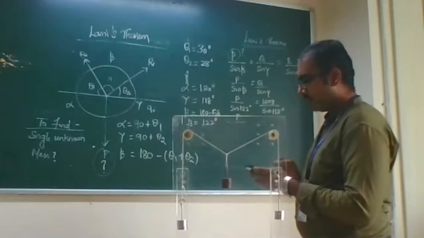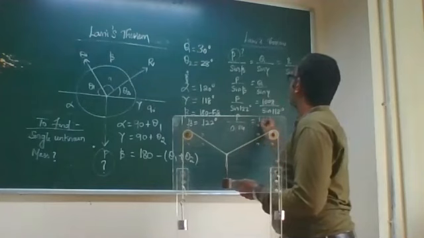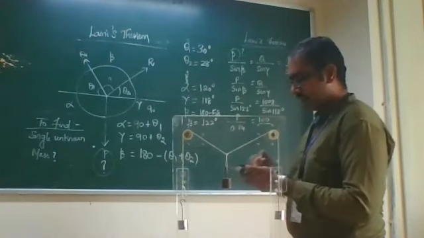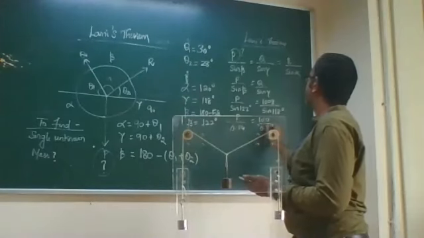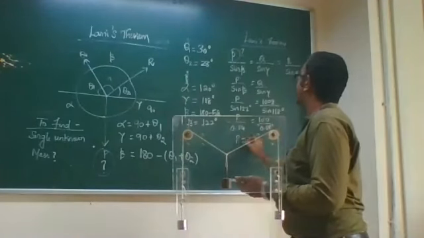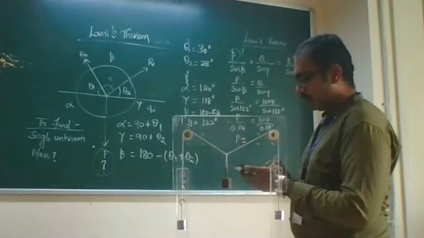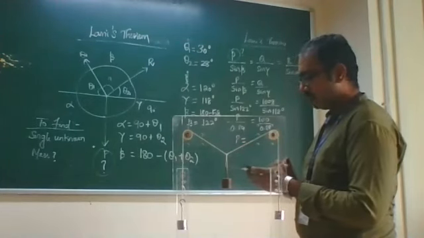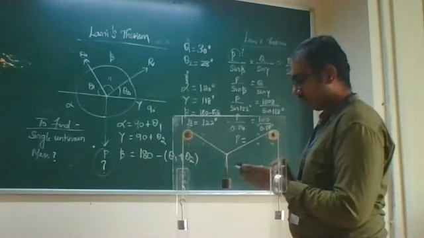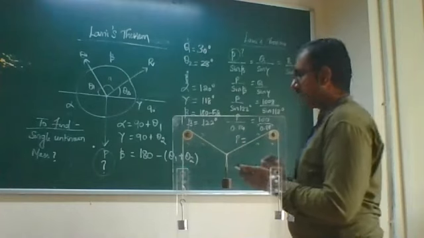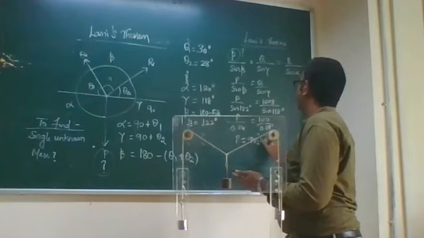If we substitute the values, sine 122 is 0.84, equal to 100 divided by sine 118, which is 0.88. So if you substitute, we'll see what value we get: 100 into 0.84 divided by 0.88, which is 95.45 grams.